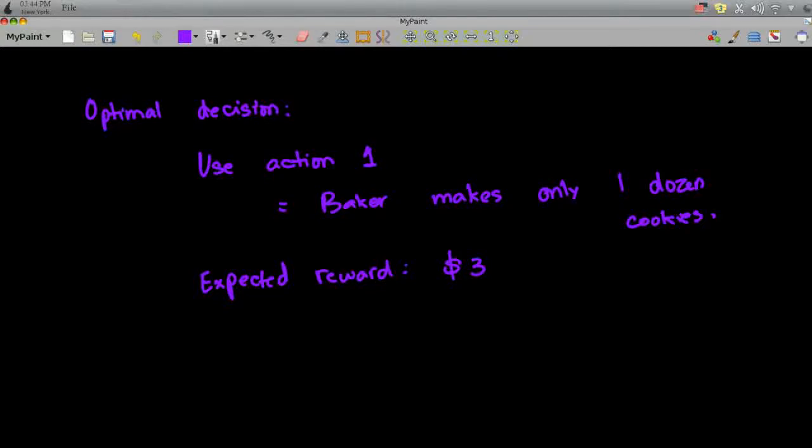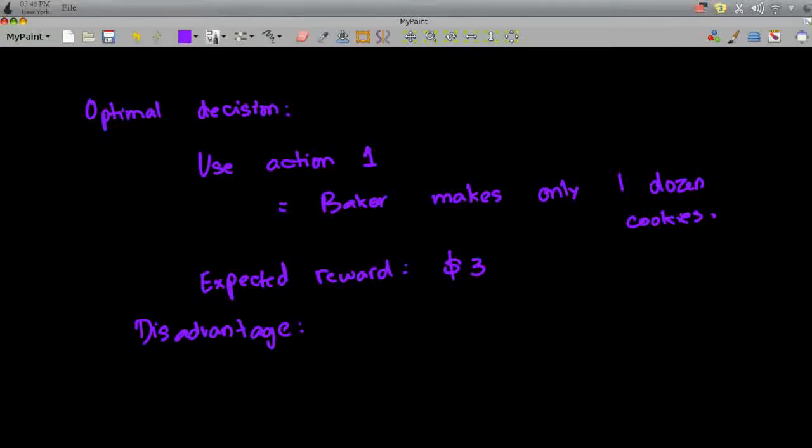Now, you can actually see the disadvantage of this approach. In a very simplistic sense, this approach would let the baker miss out on opportunities. Suppose the customer orders 2 dozen cookies, the baker would not have 2 dozen cookies. He only has 1 dozen cookies because that is the action he's choosing as the optimal decision.